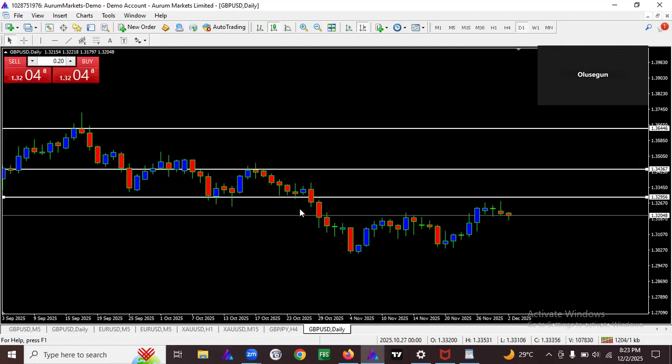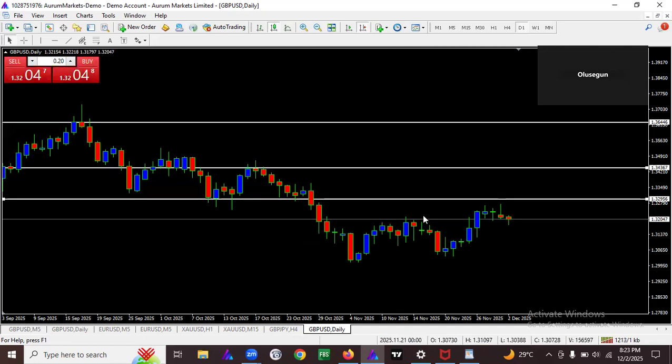Now, after price breaks out from a support or resistance, most times price will retest that support which has become a resistance before it continues with its bearish move. Do you get that?